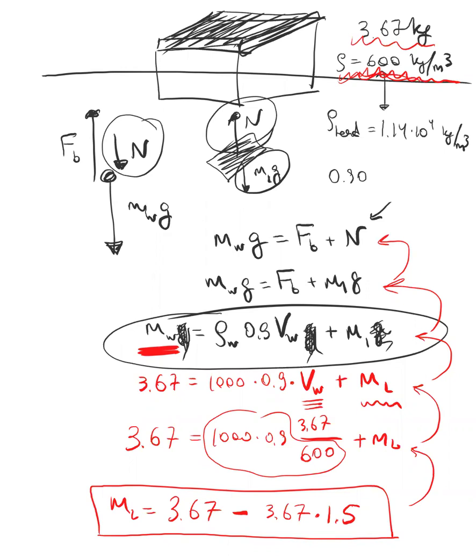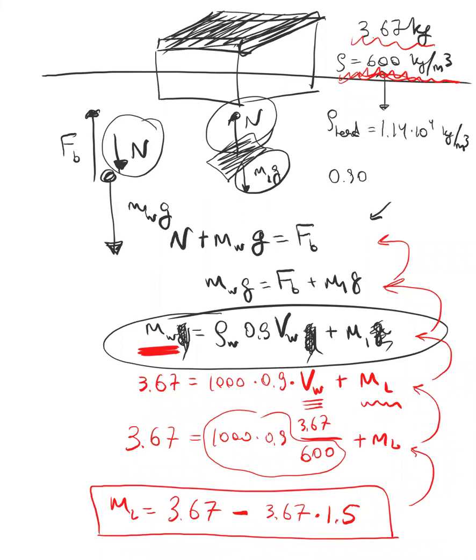Basically here, I wrote that the mass of wooden block times G is equal to the buoyant force plus normal force. This is wrong. My normal force is in the same direction as my weight, so this normal force should be over here.